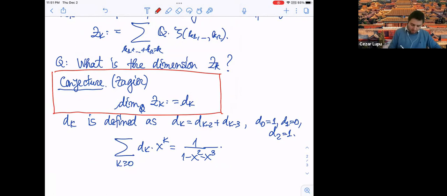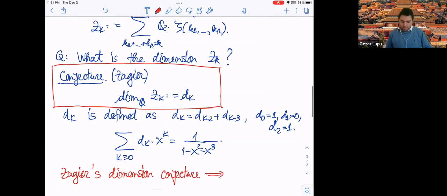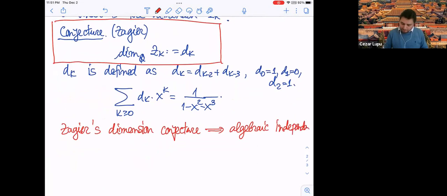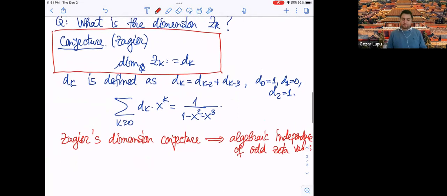So let me just write here: the Zagier dimension conjecture implies algebraic independence of all zeta values. But at this point, this conjecture is out of reach.